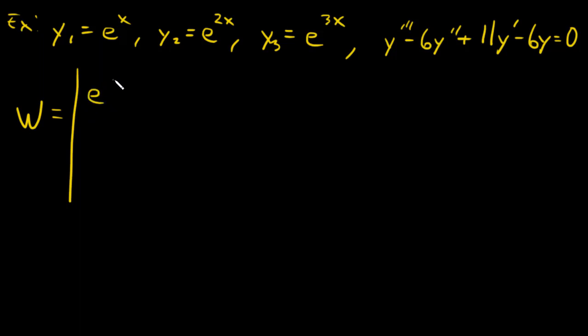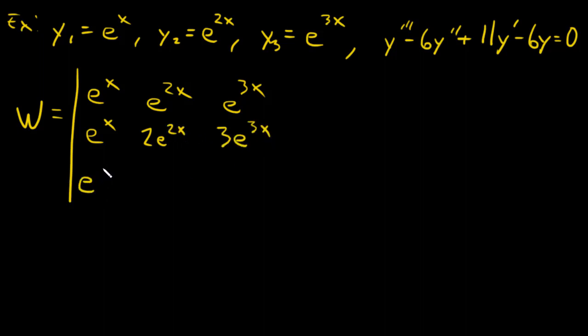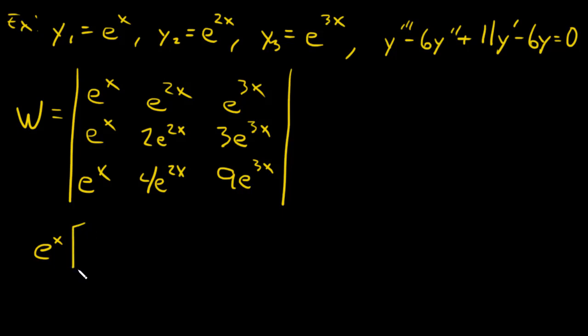So, e to the x, e to the 2x, e to the 3x. Then we're going to have e to the x, 2e to the 2x, 3e to the 3x, e to the x, 4e to the 2x, 9e to the 3x. Alrighty, so it seems like it's going to be a lot, but it's really not. I'm going to wind up with e to the x times this times this.